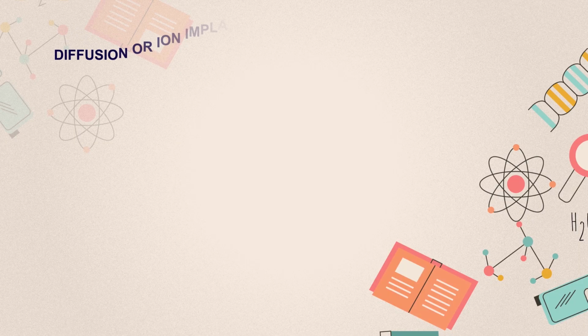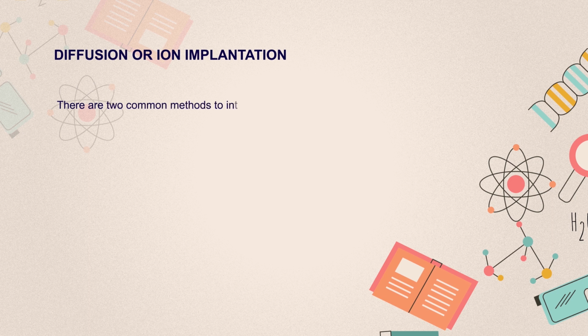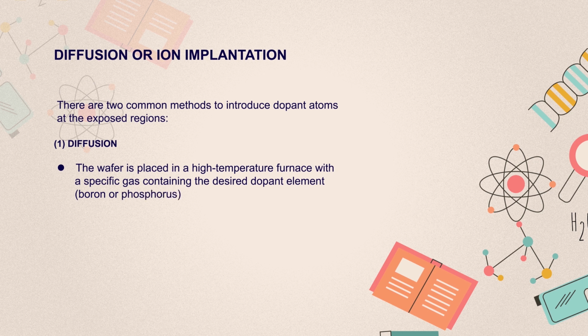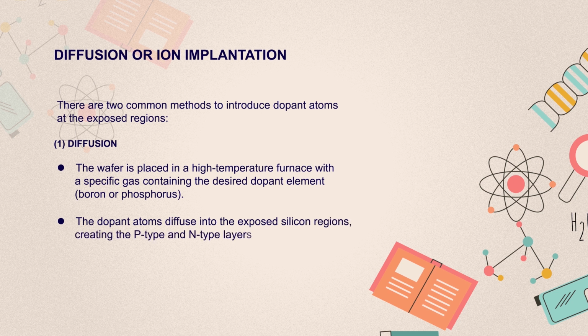The next process is diffusion or ion implantation. These are the two common methods to introduce dopant atoms at the exposed regions. First is diffusion. In this method, the wafer is placed in a high-temperature furnace with a specific gas containing the desired dopant element, that is boron or phosphorus.